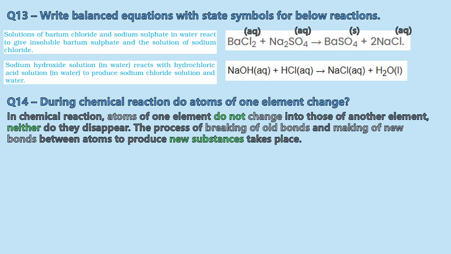For example, in the equation above, you can see that sodium, oxygen, and hydrogen atoms are together in sodium hydroxide. Okay, and hydrogen and chlorine are together in hydrochloric acid. When the two react, they break their bonds. Okay, the sodium breaks its bonds from oxygen and hydrogen, and it will go and make a new bond with chlorine to give you sodium chloride.